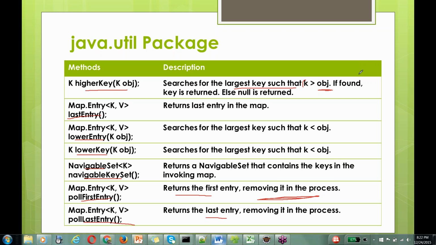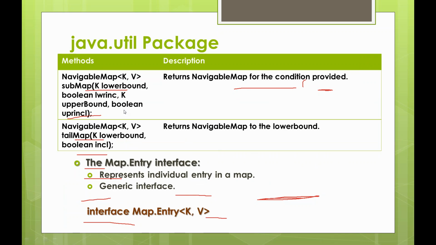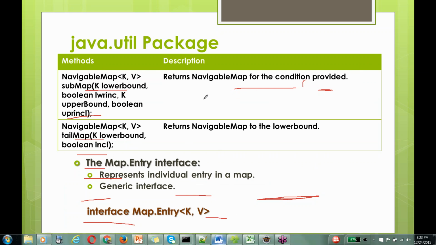Then we have a few more methods, submap and tail map. You can just refer to the API and try to write some programs based on these. When you try to do these things, you might get a lot of doubts. Come back to me and I'll try to clarify your doubts.